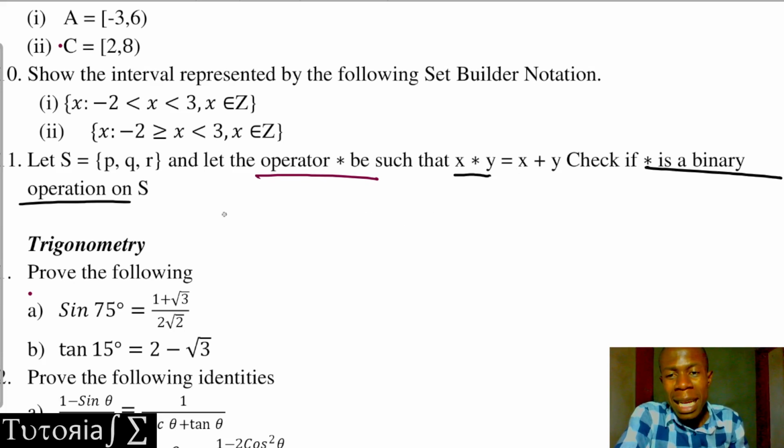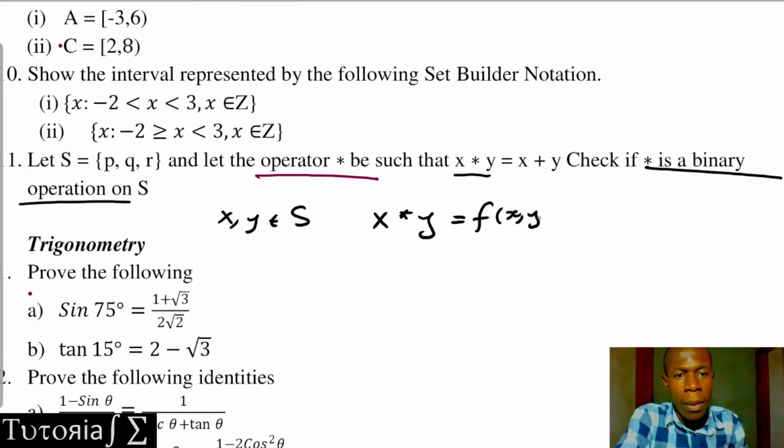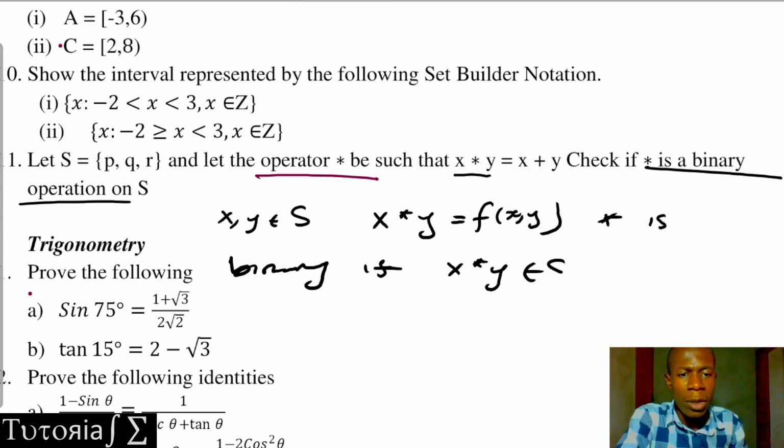If two variables x and y are elements of a set S, and we combine these two elements in a function defined as this, then star is binary if x star y is an element of S.